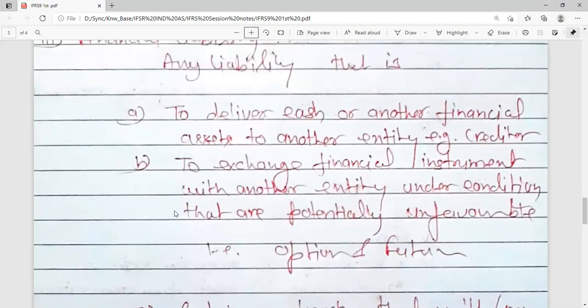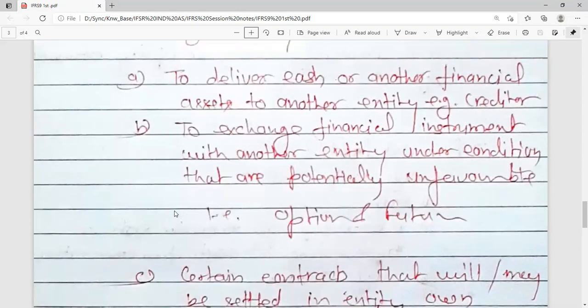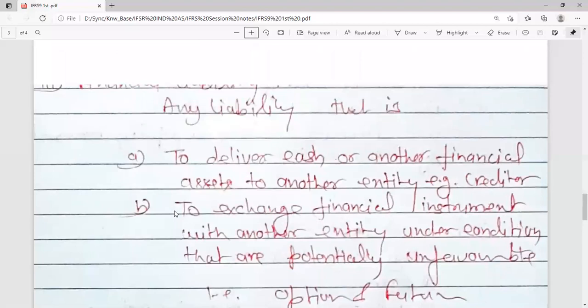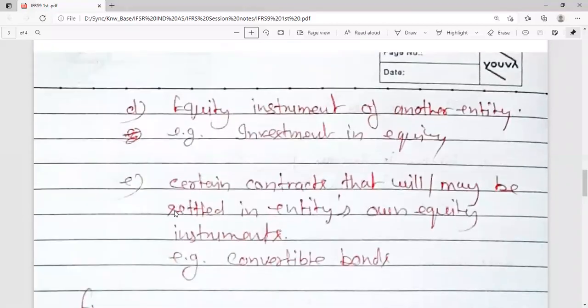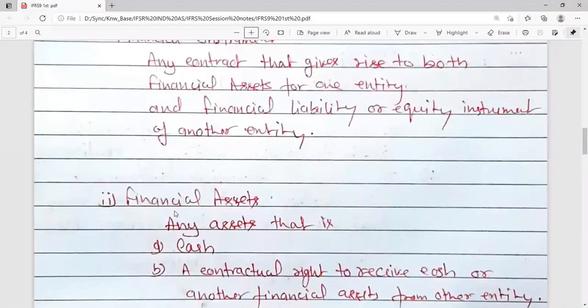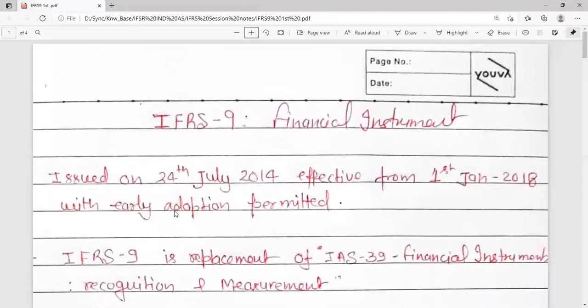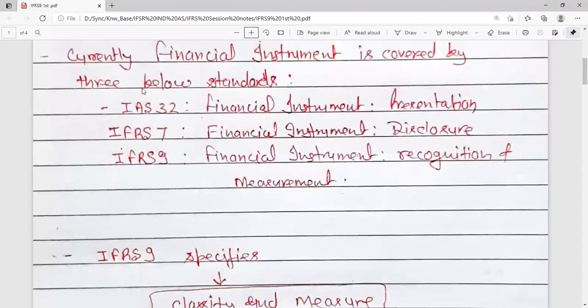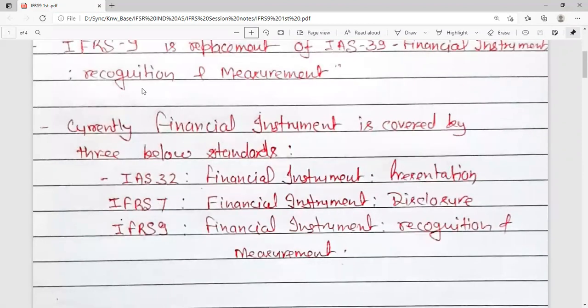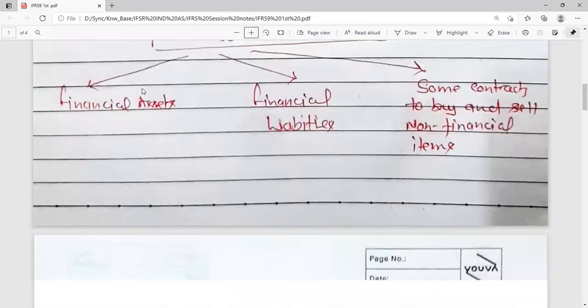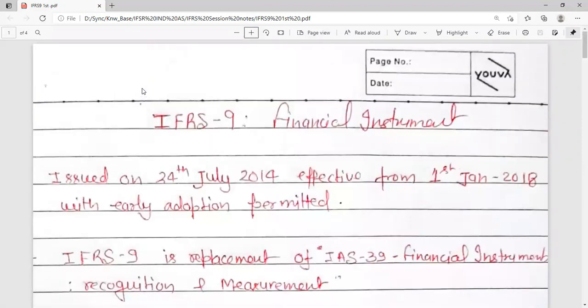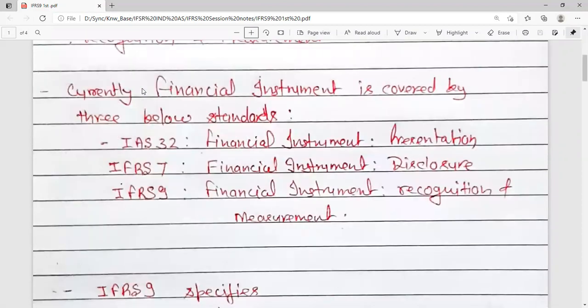Today's session is a short session, and I had limited time to prepare notes, so I covered the definition part. Once financial contracts are entered, we can start IFRS 9 preparation. The first question written here is: when do you recognize any financial instrument?